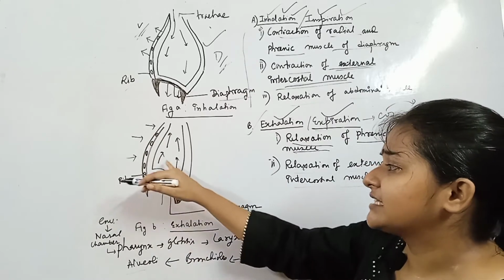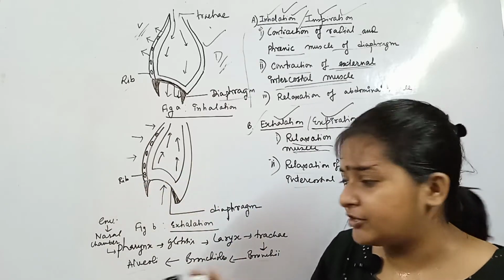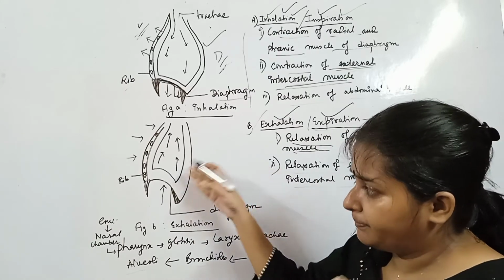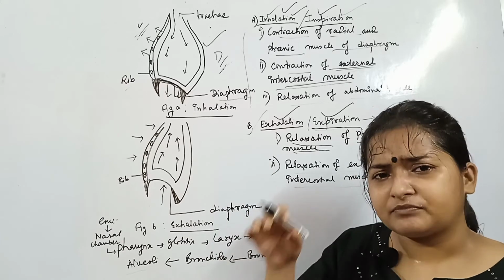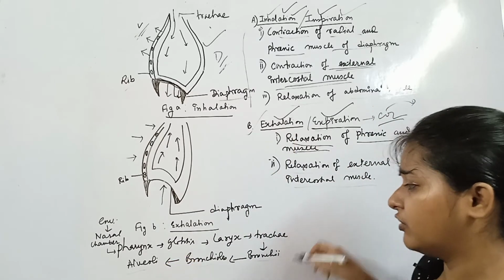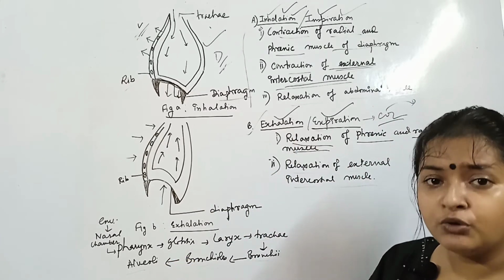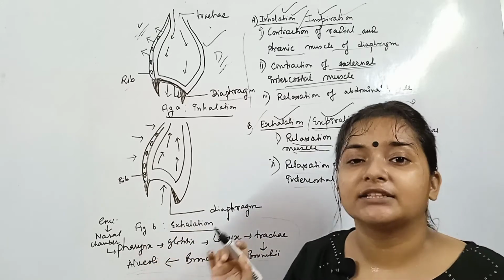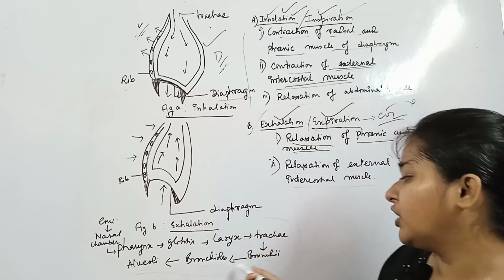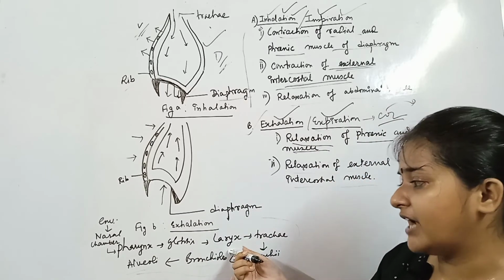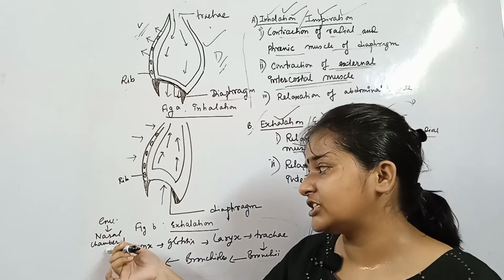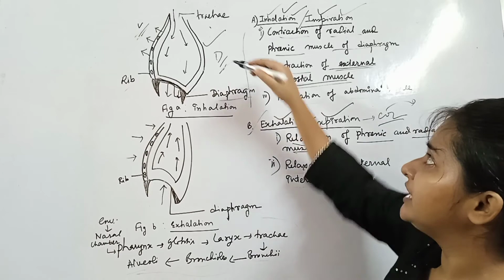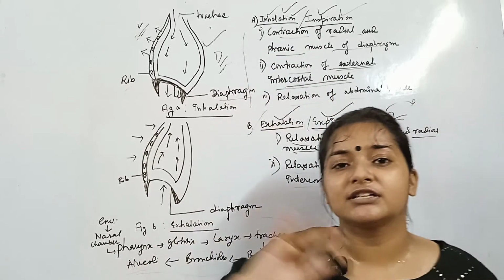That is why the CO2 present inside this thoracic cavity or inside this lung is pushed backward by the inside pressure, like the CO2 that goes back in this reverse pathway from alveoli to bronchiole, then bronchiole to trachea, then trachea to larynx, then glottis to pharynx, then nasal chamber to external air. This is the reverse mechanism. So inhalation and exhalation is a reverse mechanism.